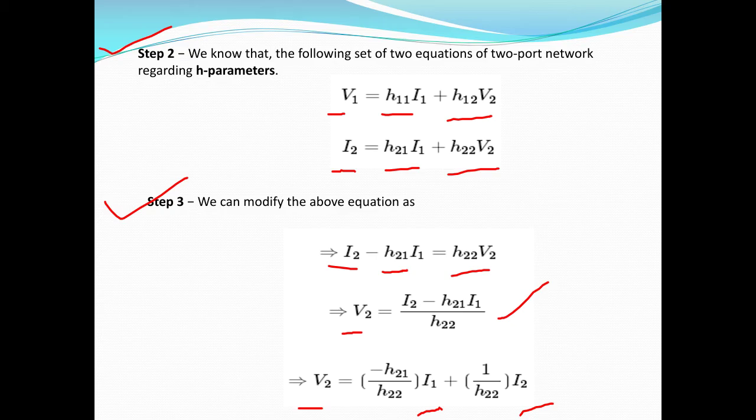From this equation we find the value of V2, that is (I2 minus H21 I1) upon H22, so V2 is equal to minus of H21 upon H22 into I1 plus I2 upon H22.